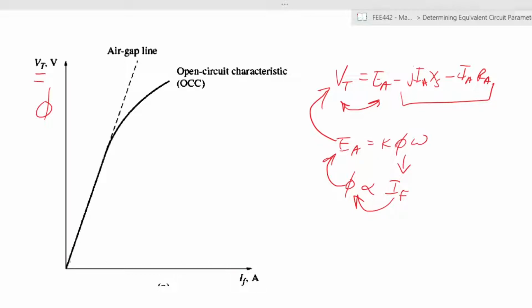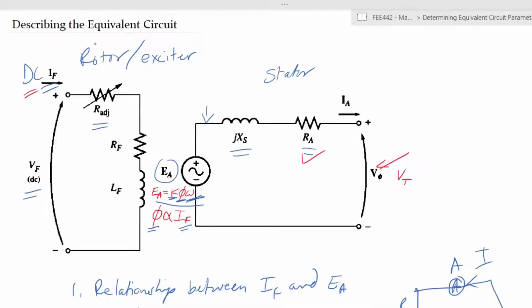So as the field current increases, you see there's a linear relationship up to a certain point. Let's call it that point. Beyond that point, you can see that it deviates from the straight line. This is because of the effects of saturation. At some point, there is a maximum amount of magnetic flux that you can induce within the windings of the stator.